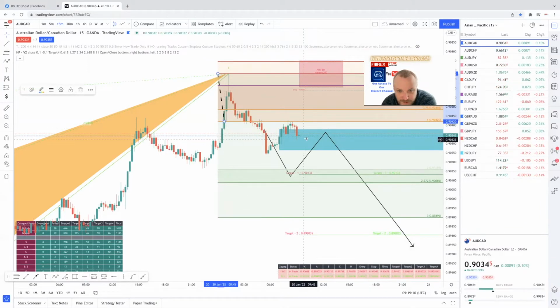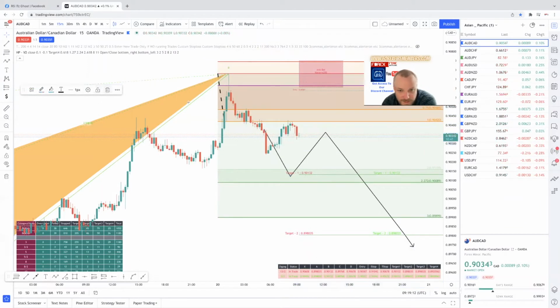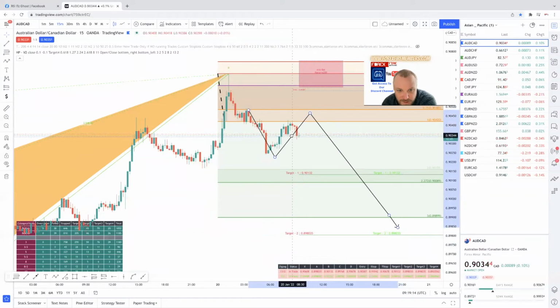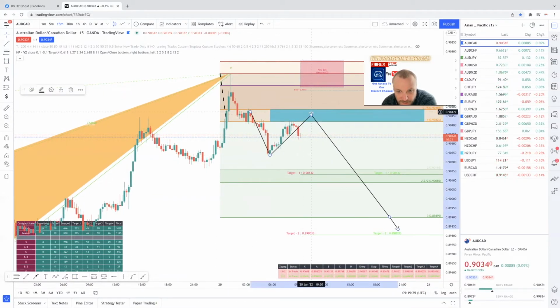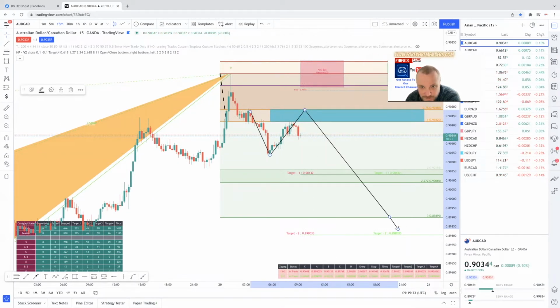Drill down to 15 minute, we'll get rid of that. That's what we're waiting on. So price has come out of this at the moment. That's what we're waiting for a retracement into. Price came out of here, we're waiting for the price to come in and touch anywhere in this zone, to be fair.